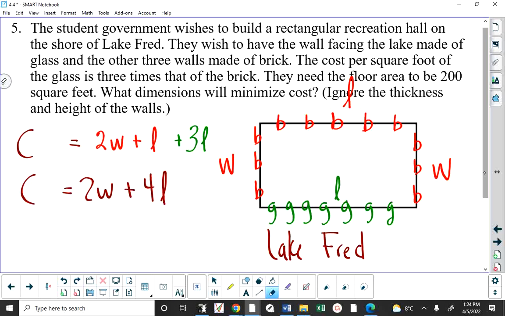Well, wouldn't we use the area to find the smallest perimeter first? Can I ask how you would do that? The response was, could we use the area to find the smallest perimeter?